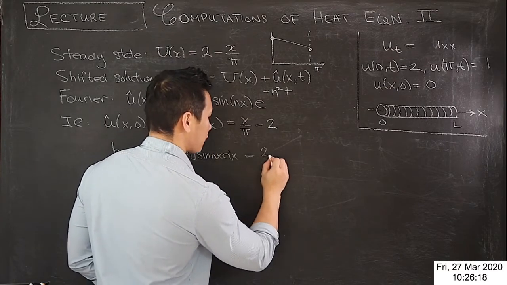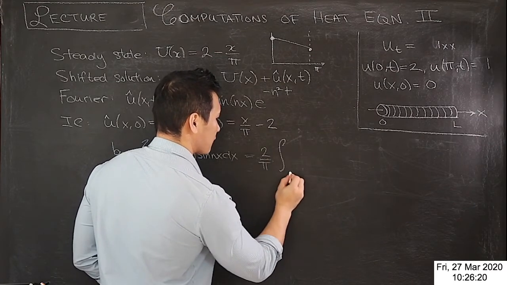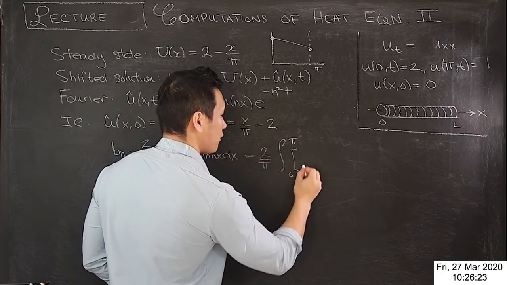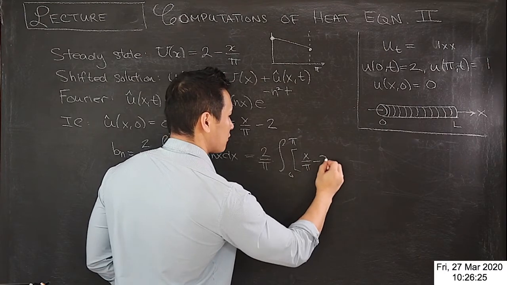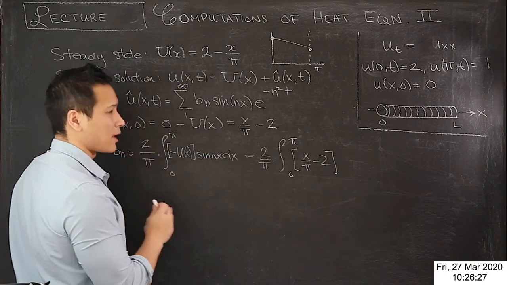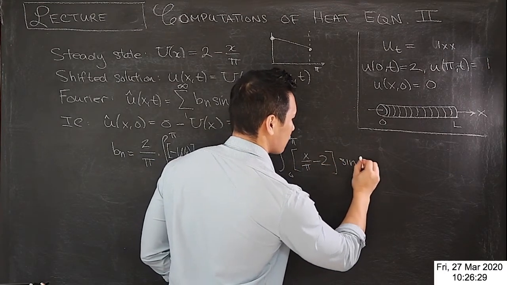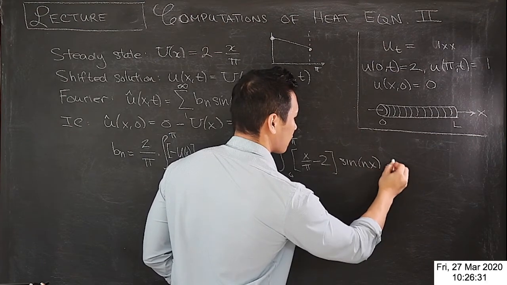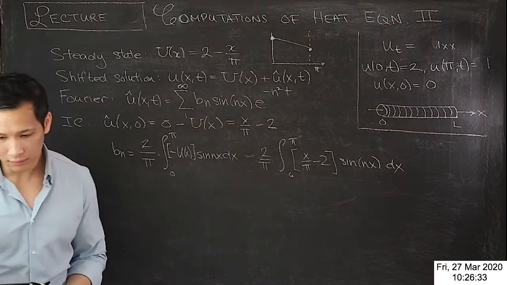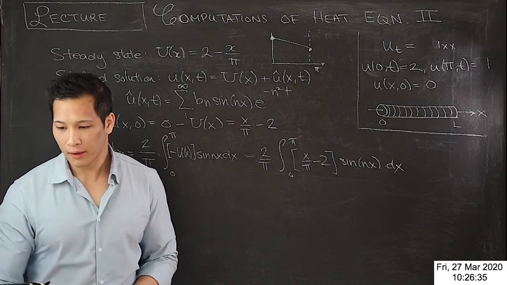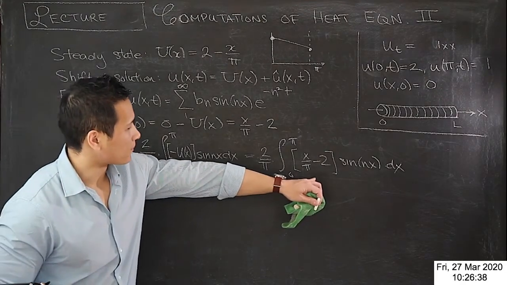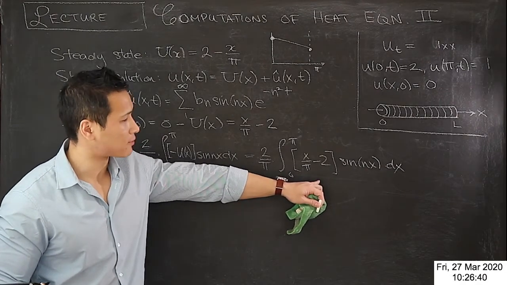So this is 2 over pi, an integral from 0 to pi of (x over pi minus 2) times sine of nx dx. Now you want to do integration by parts with this.